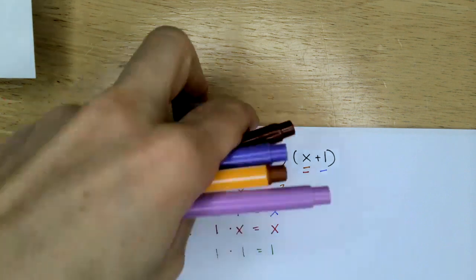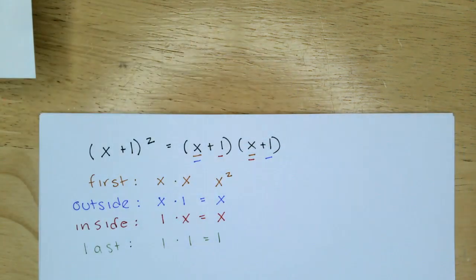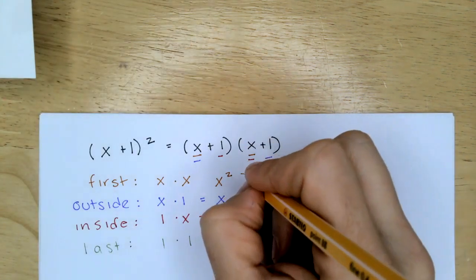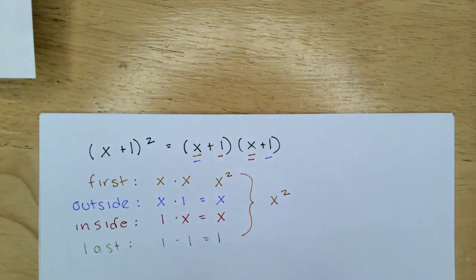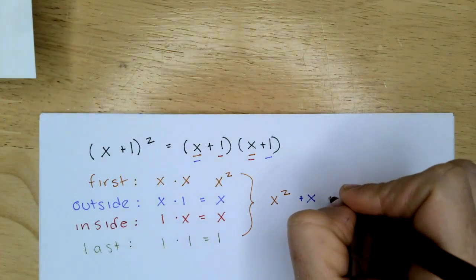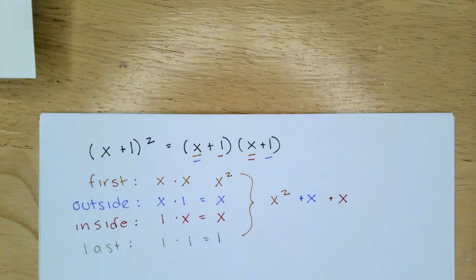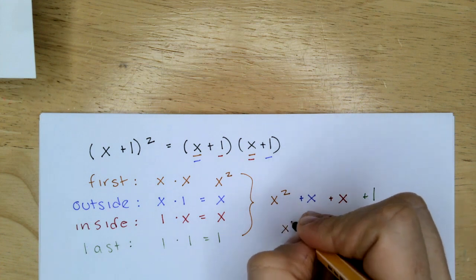If we line those all up, that becomes x squared plus x plus x plus 1. Good. So the x squared remains x squared.